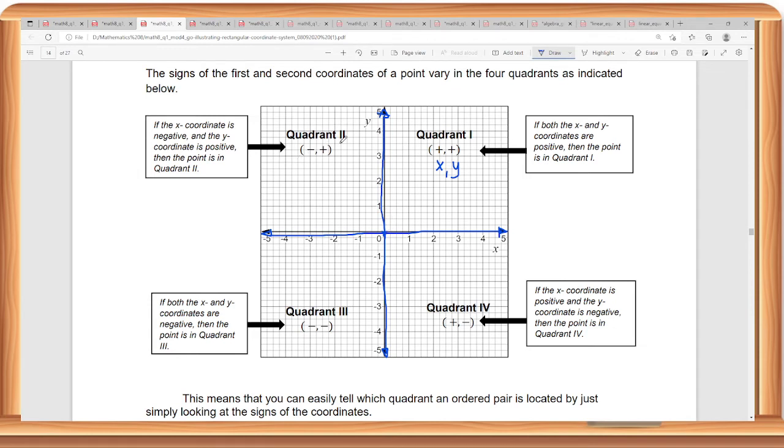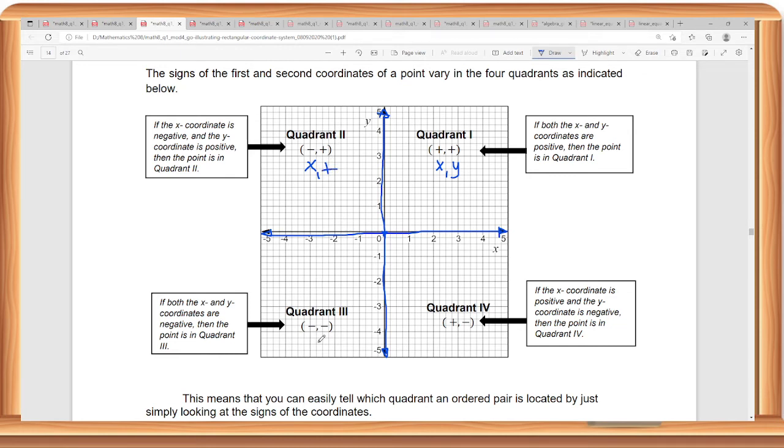Now, how about the points here in the second quadrant? As you can see, it is on the left side of the vertical axis, so your x here is negative, while the y is still going up. It's above the horizontal line, so it is positive.